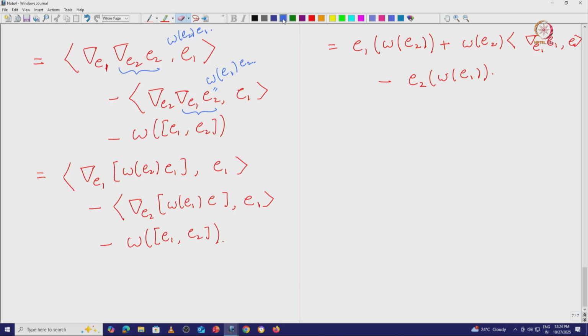So whenever you find the covariant derivative of E2, you get something in the direction of E1, right. So the second term should be E1.